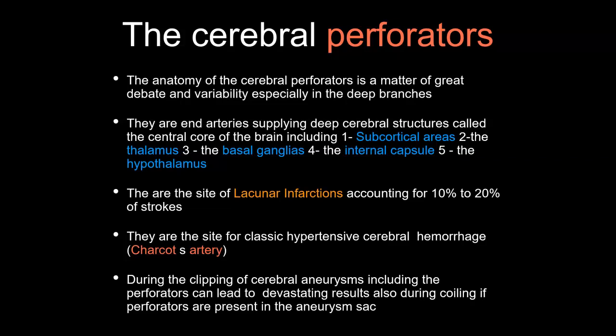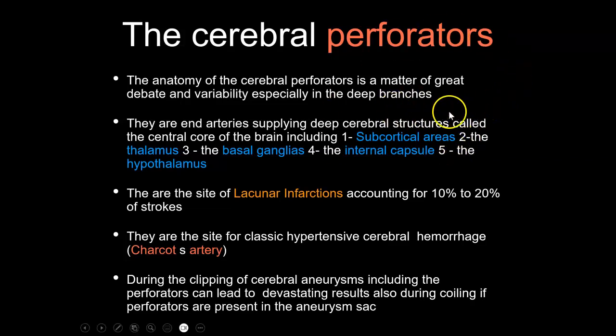You know that the cerebral arteries are end arteries, and the perforators are end arteries passing inside the substance of the brain. If they are occluded or they rupture, this will seriously affect the areas they supply because we don't have collaterals. So what are the deep structures supplied by the perforators?